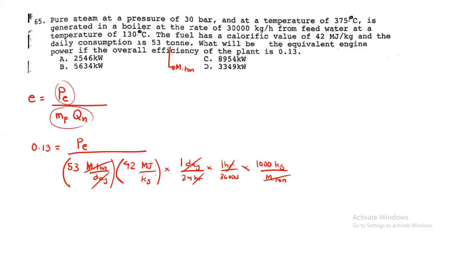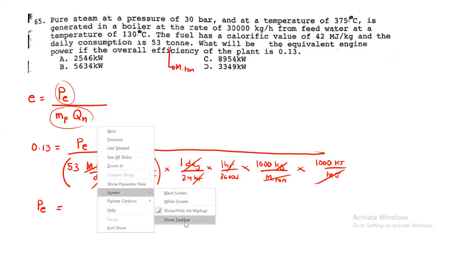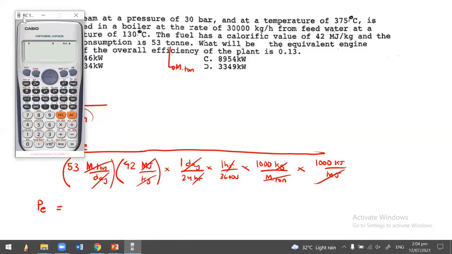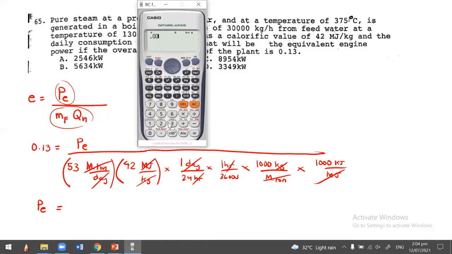So, ano na matitira dito? Makakancel si kilogram. Megajoule per second. So, i-convert pa natin yan. So, 1,000 kilojoules per megajoule. So, makukuha natin si engine power, or yung power output. So, 0.13.